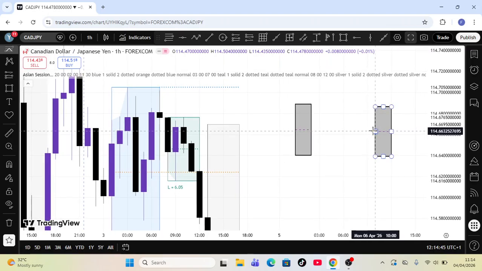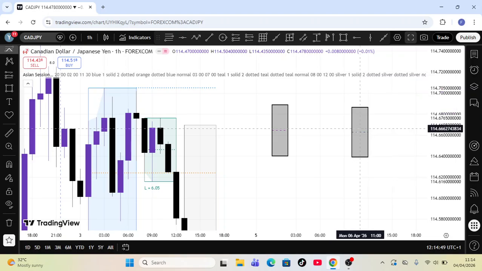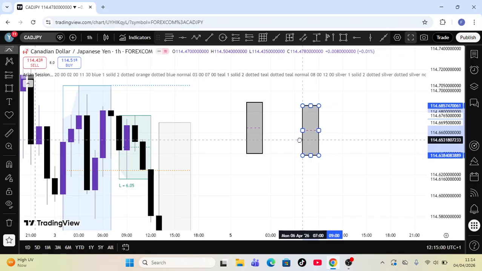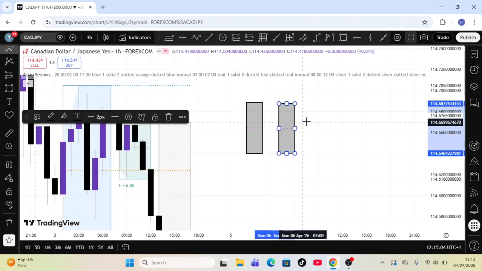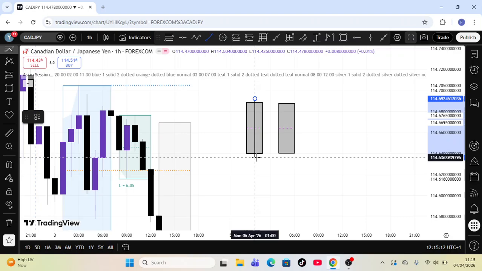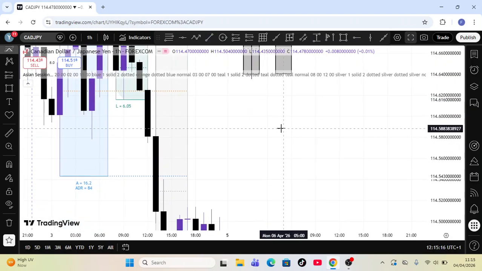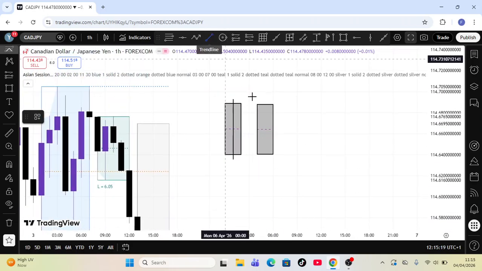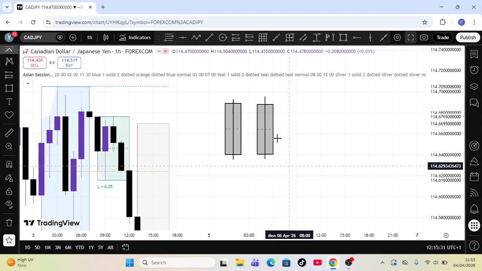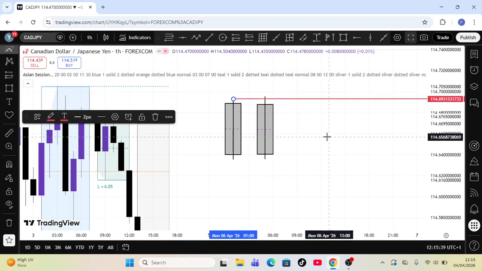If the market is in a downtrend, this is what you see. And you can see here is the sweep.